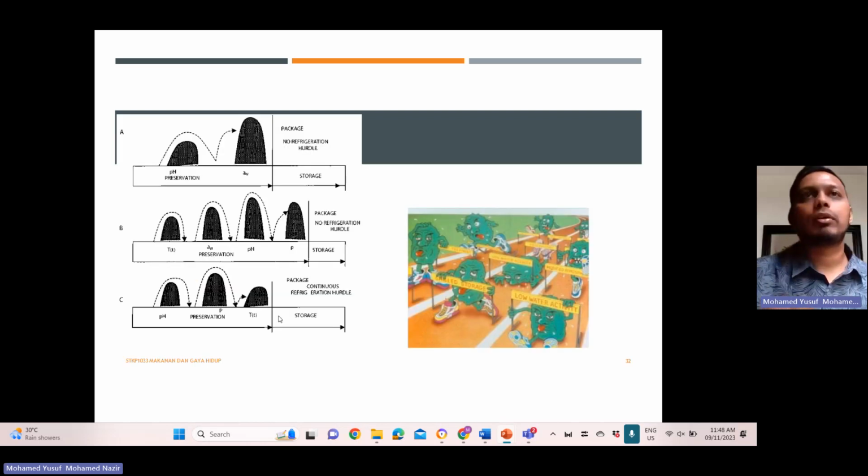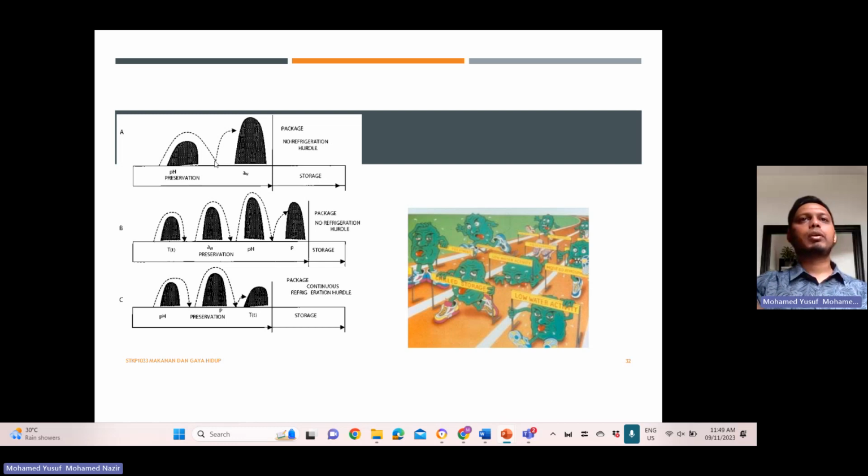So this is an example of hurdle technology. We can use different factors to inhibit the growth of microorganisms. Let's say we can combine two different intrinsic or extrinsic factors. For example, we use pH preservation, which will inhibit the growth of many microbes, but still some microbes can tolerate extreme pH conditions.